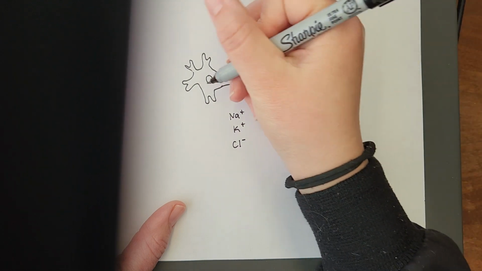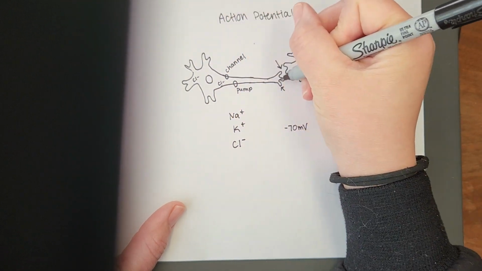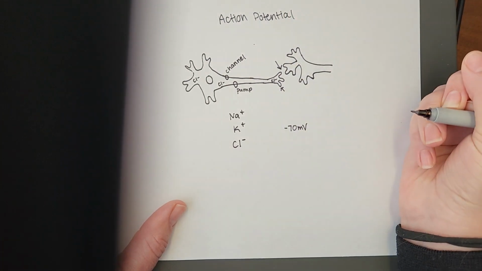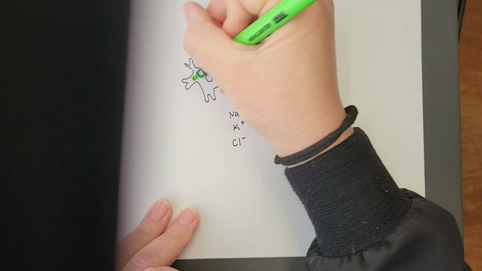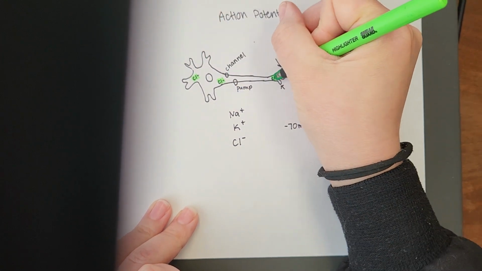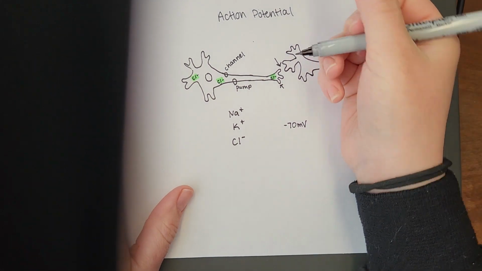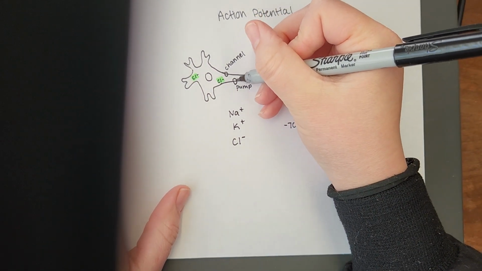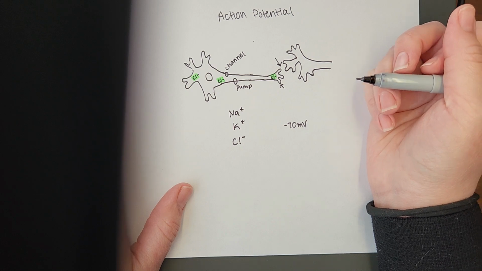Okay, and that's because it has a pretty large ratio of negative chlorine ions on the inside. I'm going to color those in green so you can see them. Those negatively charged particles. Okay. Now, the special pump that are part of neurons are the sodium-potassium pumps.